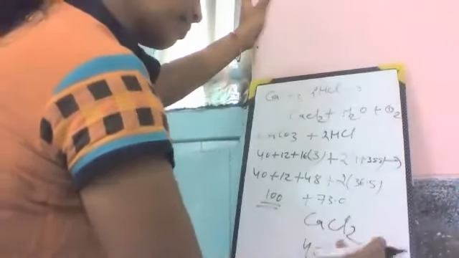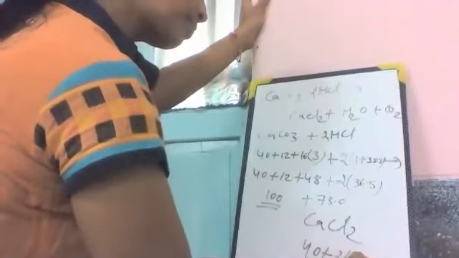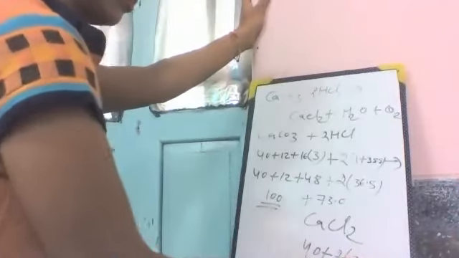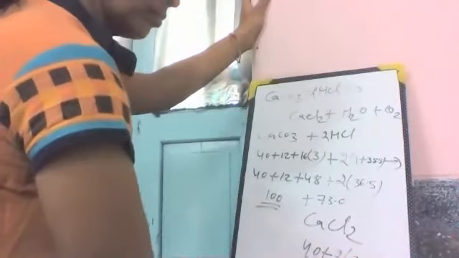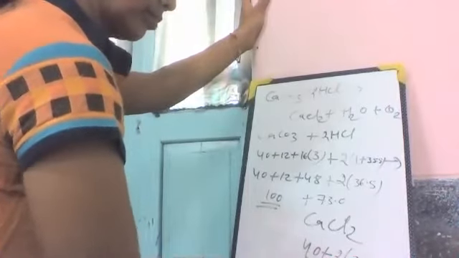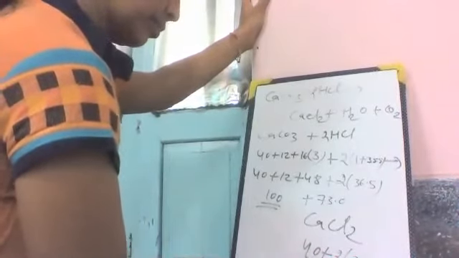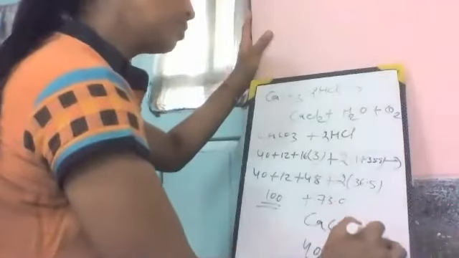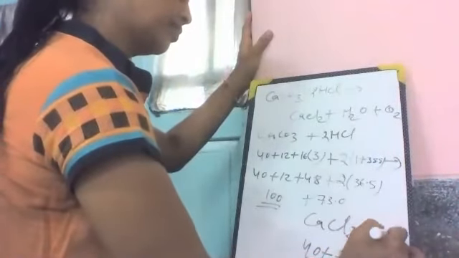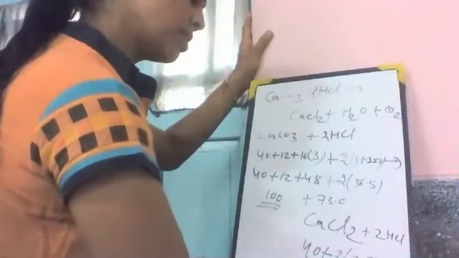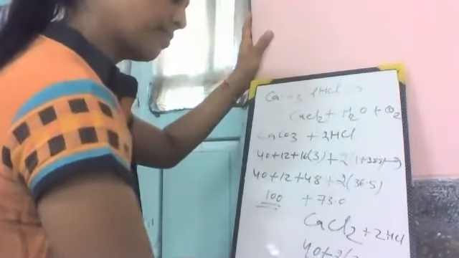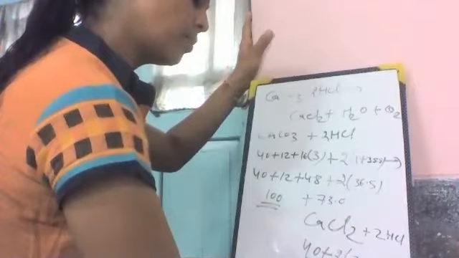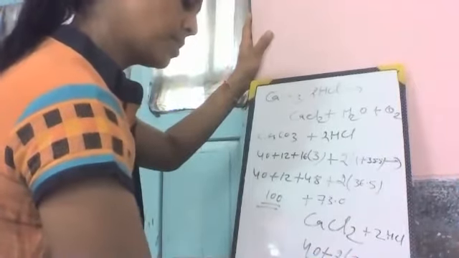Calcium chloride is 40 plus 2 atoms of chlorine. It means 2 multiplied by 1 plus 35.5, plus 2.